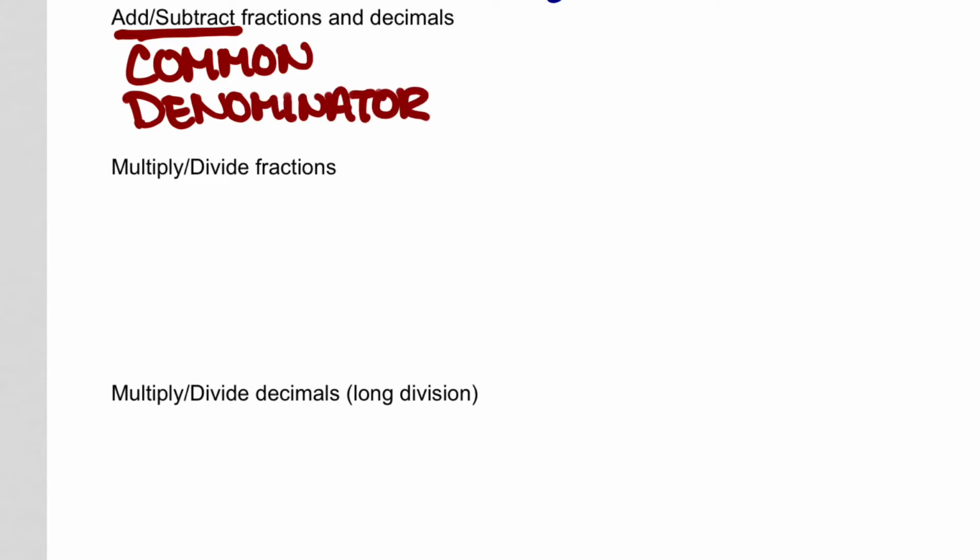And if you recall back to the lesson, that's because if we had something like 1/2 plus 3/4, and we tried to just go straight across and add them together, we would actually be going against our order of operations, because remember, this division bar, that fraction bar is just a fancy way of saying divided by. So we have to divide before we can add or subtract, but we can get around that if they've got the same denominator.